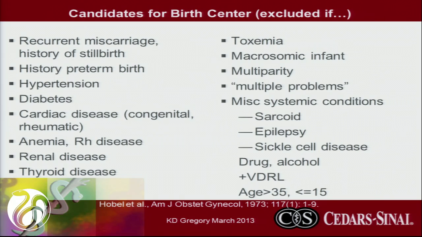Things that got added in, however, are thyroid disease and macrosomic infant. So if you think the baby's big, perhaps it's not a candidate for birth center. And this was the first time that they actually put in sexually transmitted diseases as well as drug and alcohol use.